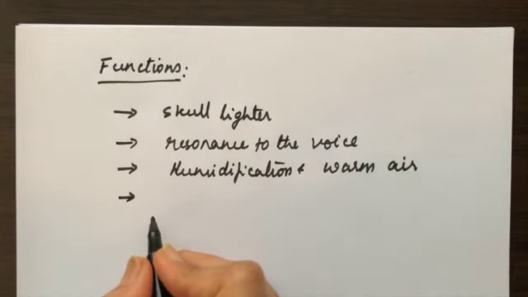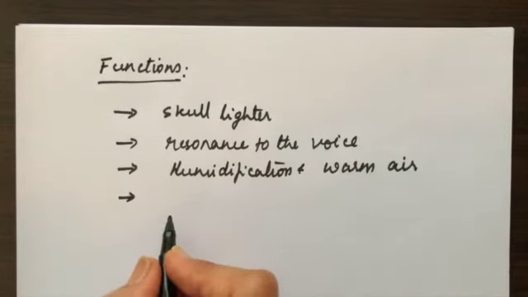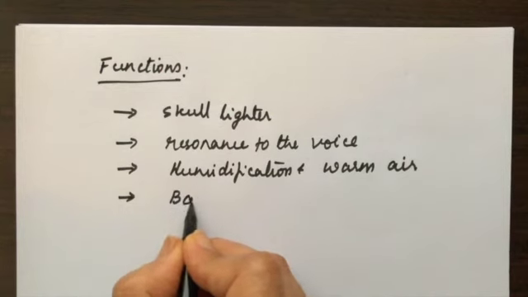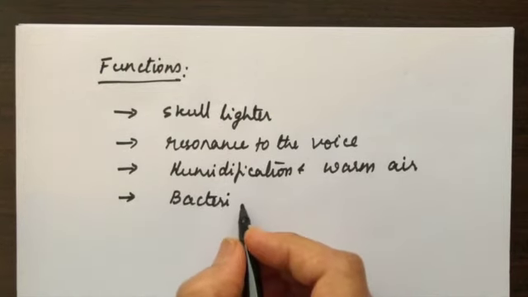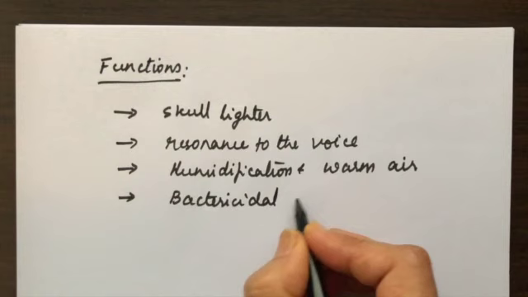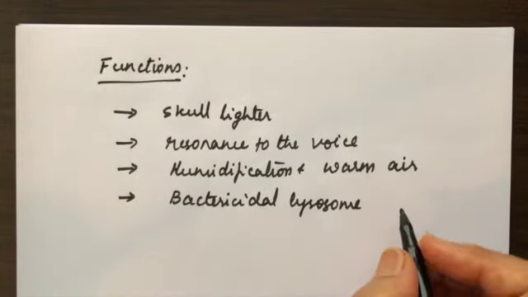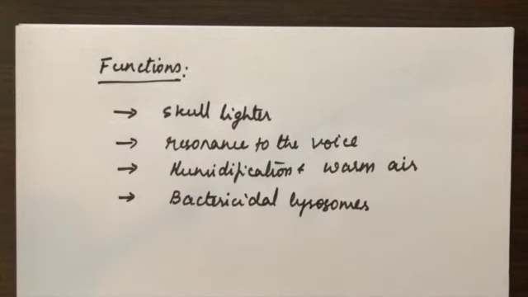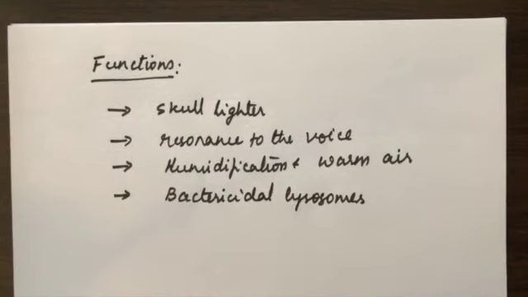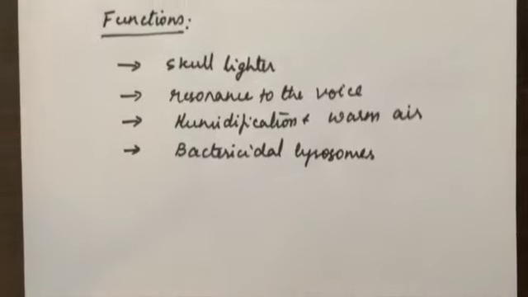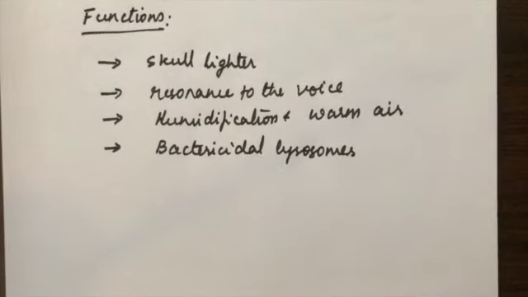Some of the sinuses, especially the maxillary sinus, they produce bactericidal lysosomes which are poured into the nasal cavity, and that gives the bactericidal action to the secretions in the nose. And so this is about the sinuses, all the sinuses.